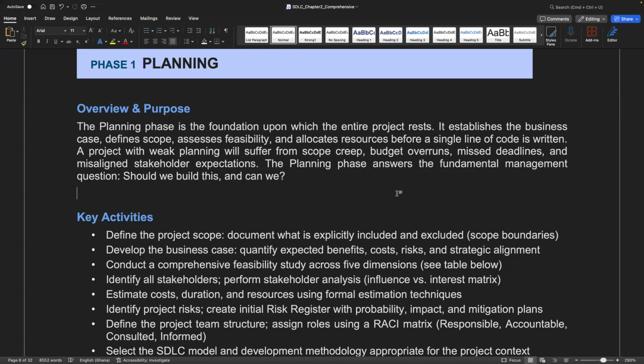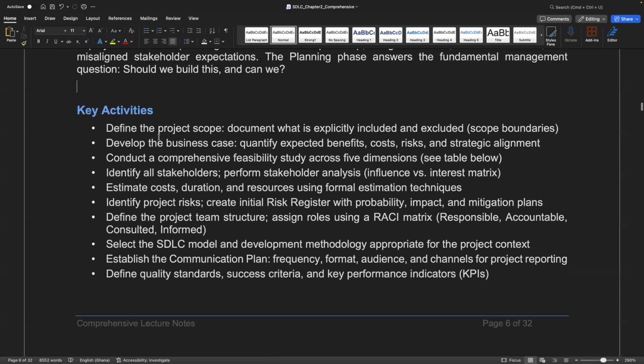Which means that in this planning, we require the business case, the scope, and the feasibility. So at the end of the day, your assignment is to build a comprehensive plan for the school management system for GCTU. So the key activities are to define the business, the scope, and document especially what is included and what is excluded.